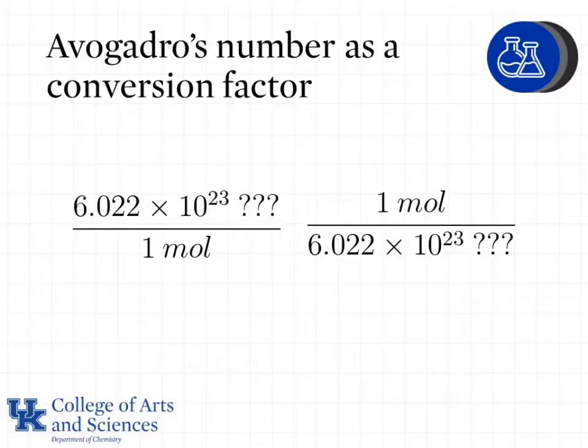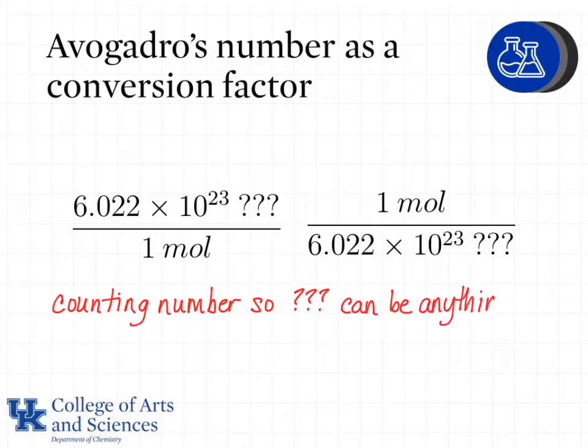Another relationship which we can use is Avogadro's number as a conversion factor. In this case, we have 6.022 times 10 to the 23rd something per mole. Just like with our molar mass, we can invert that depending on what units we have and what units we need. And in this case, we need to figure out what goes in for the question mark in that relationship. Remember that Avogadro's number is a counting number, so that question mark can actually be just about anything.